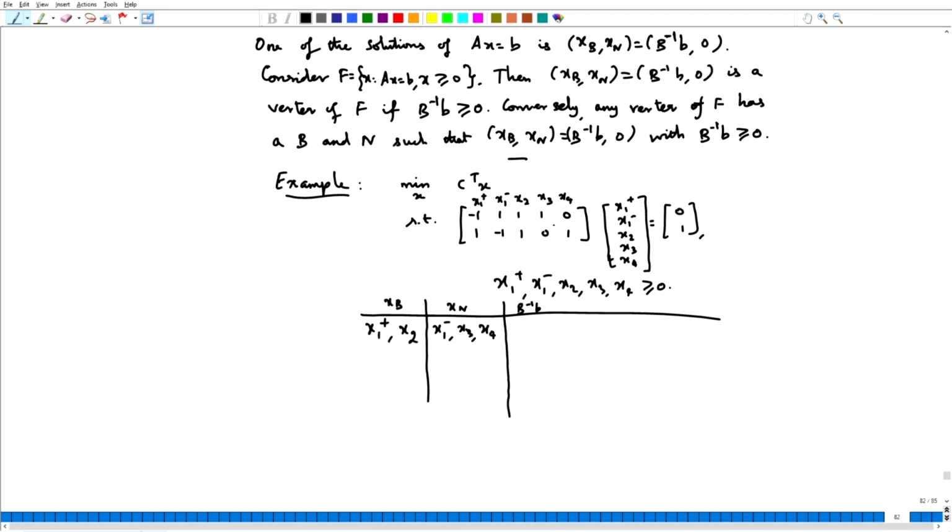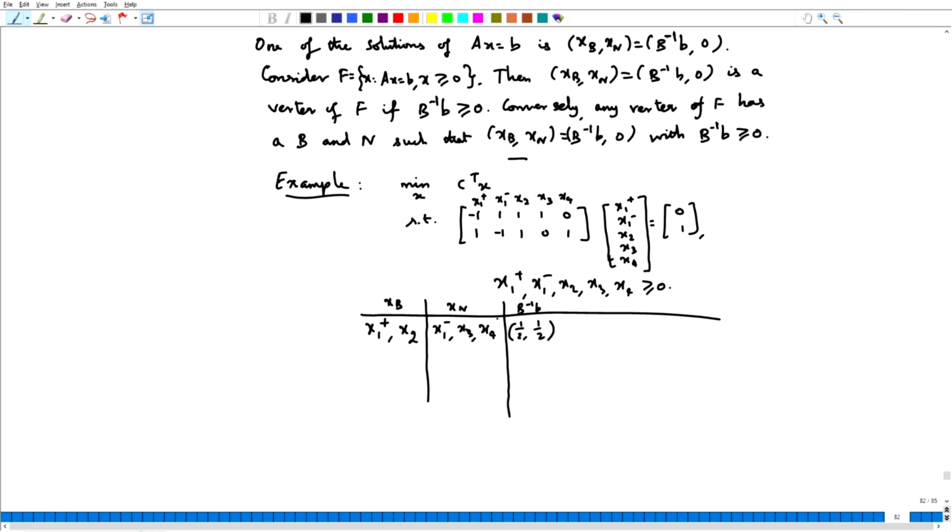Just by looking at it, you can say that the answers are 1 and 1, I think. So, verify it once. You have minus x1 plus x2 equal to 0, x1 plus x2 equal to 1. If you cancel this, you get half comma half, I am sorry.